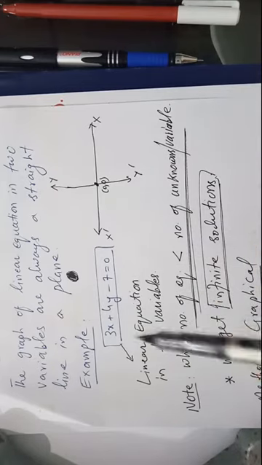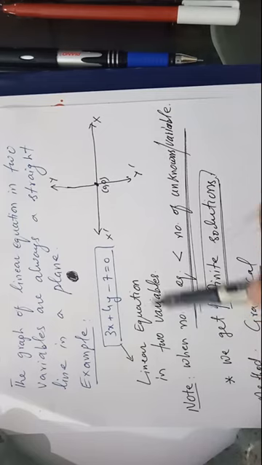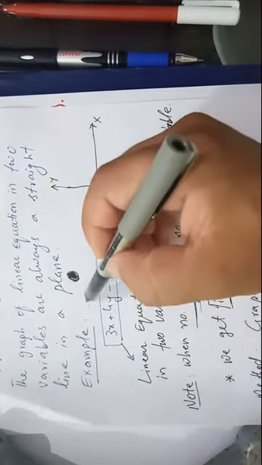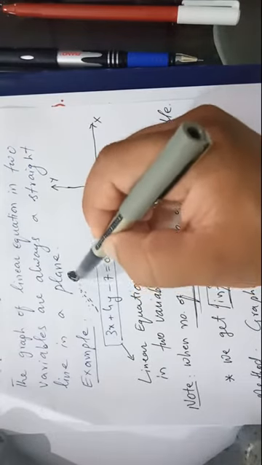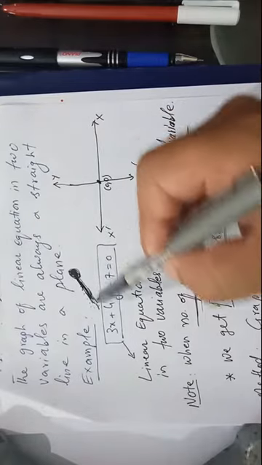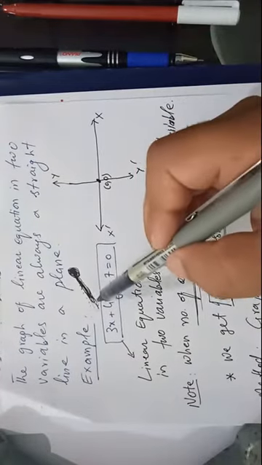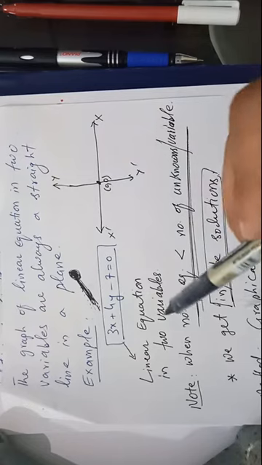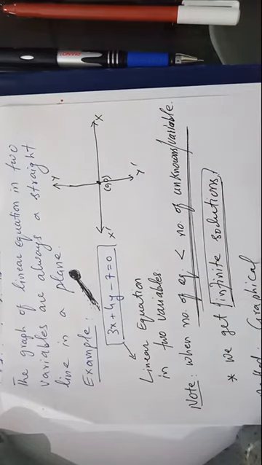A line is composed of many points; when you join many points in a plane, they make a line. So when you draw this line in the plane, every point that lies on the line will be a solution, because every point on the line has a coordinate, an ordered pair, showing its position in the plane.